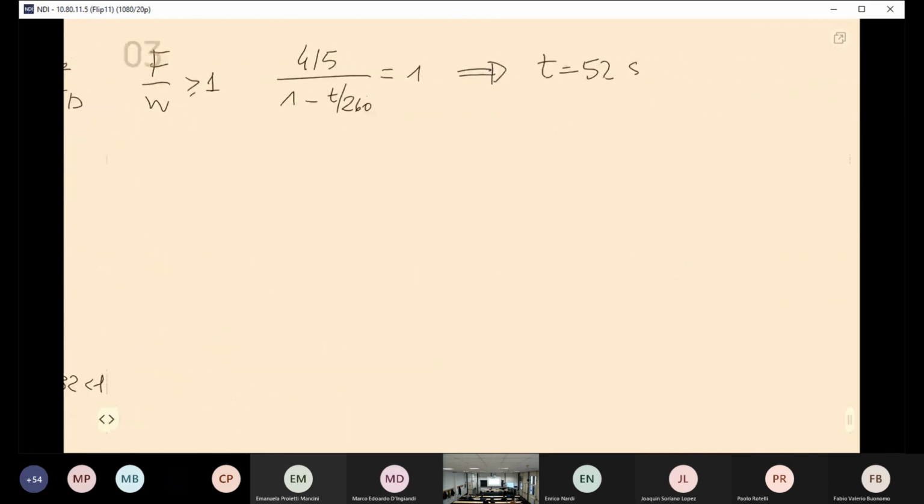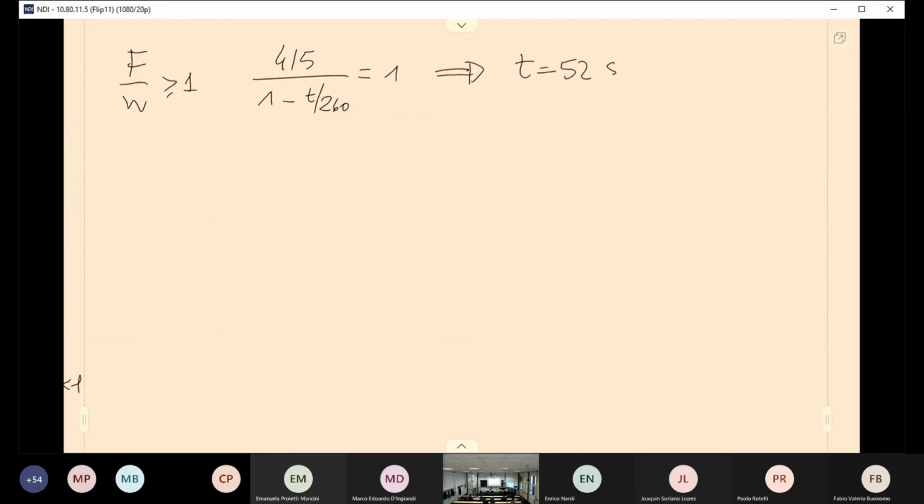We have F over weight, so we have 4/5 F5 divided by M0 G0 minus dot M5 G0 TA, right?